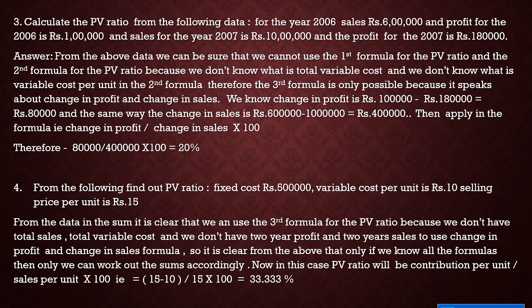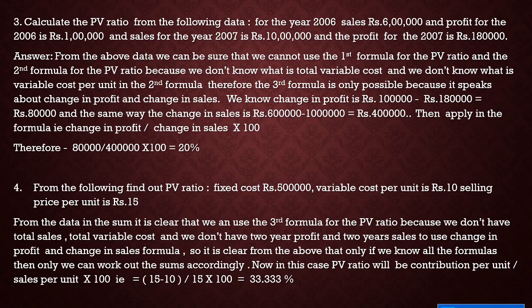So from the above, it is clear which formula we can use here. We cannot use the first formula. We cannot use the second formula. We can use only the third formula, because we are given 2 years, 2006 and 2007, and we are given 2 sales and 2 profits, the 2-year sales and 2-year profit.